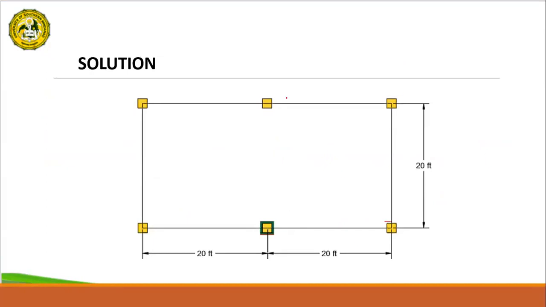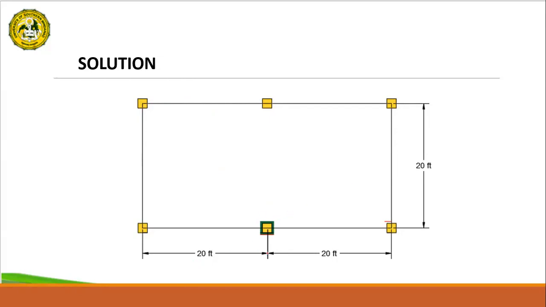Now, nag-prepare ako sa AutoCAD ng ganitong sketch so that makikita nyo dito yung location ng ating interior column. Suppose ito yung ating edge slab or exterior slab. And we have dito sa span na to, meron pa tayo mga slabs dito, no?